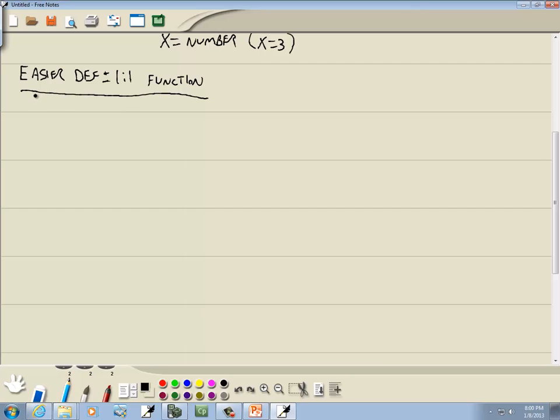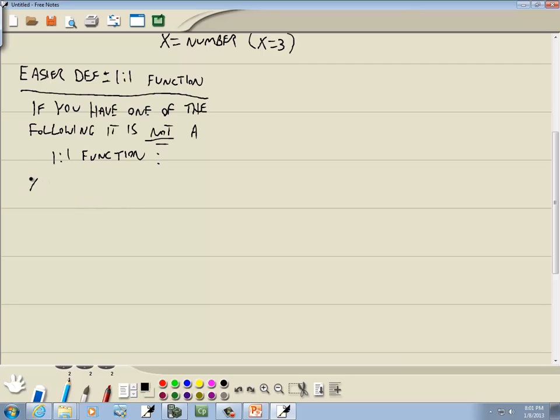And it says if you have one of the following, it is not a one-to-one function. If you have an x squared, x to the fourth, or x to an even power, it's not a function, or one-to-one function.